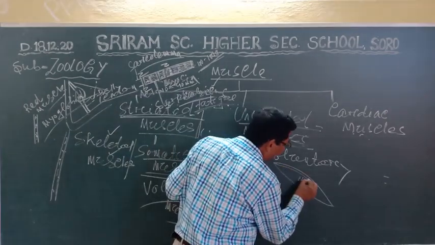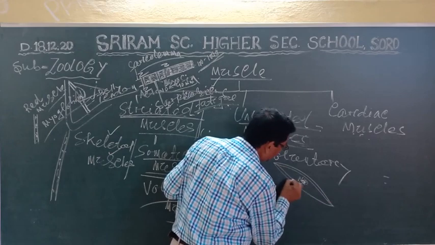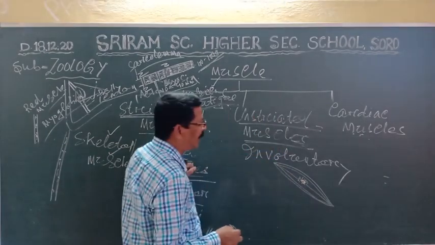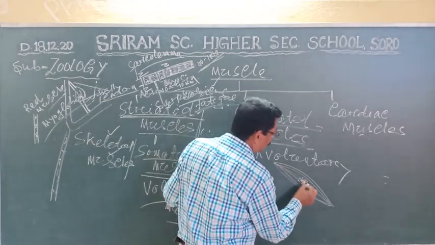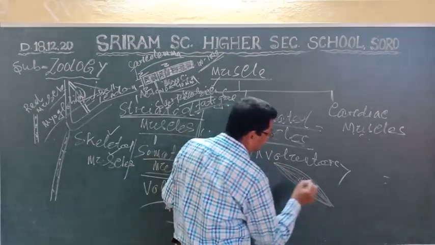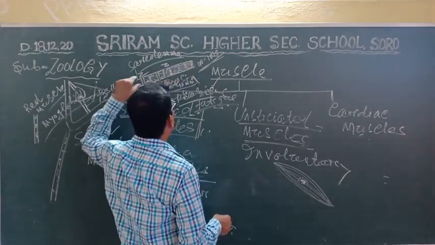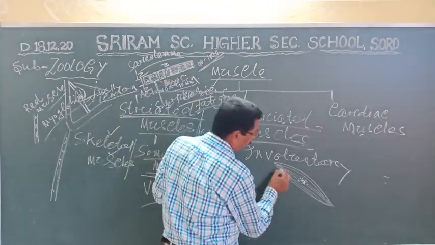Then the myofibrils which are present extend from end to end, arranged along the long axis. Clear? That is, the muscle fibers are generally arranged along the long axis of the muscle. Clear?